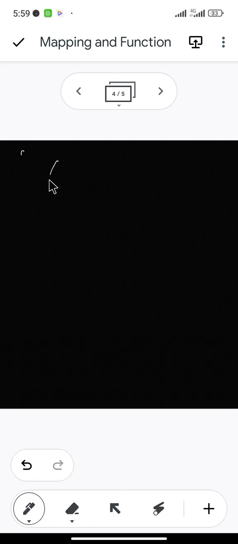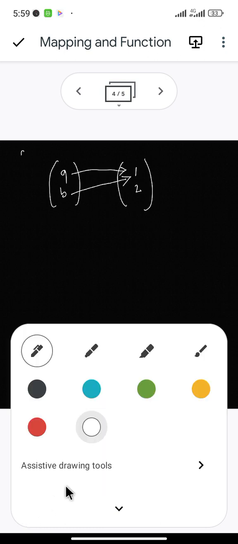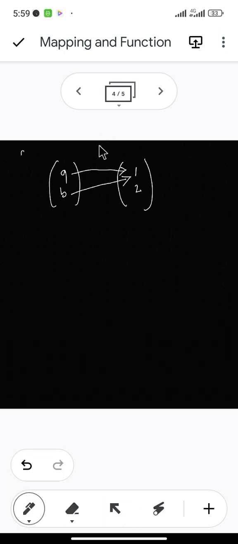Let's say we have a very simple set A and set B. We have 1 and 2, and we have a mapped to 1 and b mapped to 1. Let's say we're working with a function g. Now the inverse of g, which is g prime, this is not one-to-one, you understand? Because two elements have the same image.